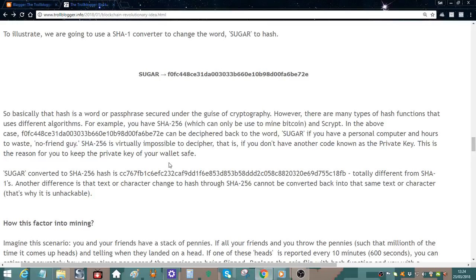SHA-256 is virtually impossible to decipher, that is, if you don't have another code known as the private key. This is the reason for you to keep the private key of your wallet safe.